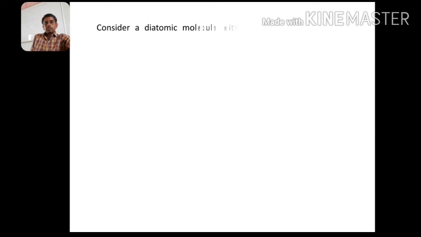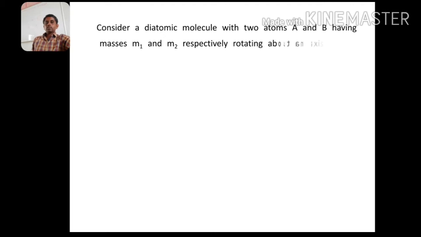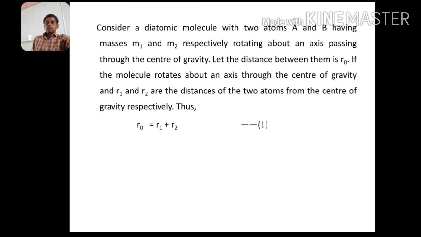Consider a diatomic molecule as shown in the figure with two atoms A and B having masses m1 and m2 respectively, rotating about an axis passing through the center of gravity. The distance between these two atoms is denoted by r0.